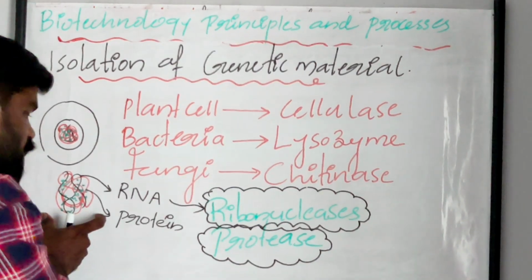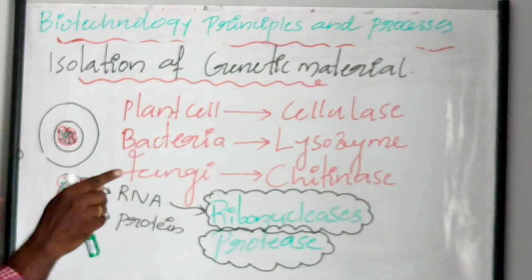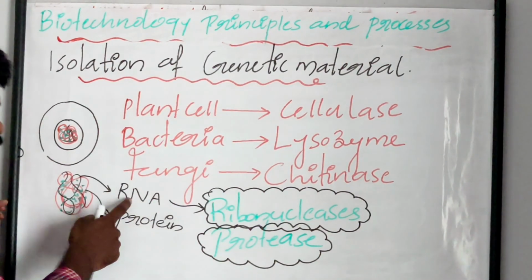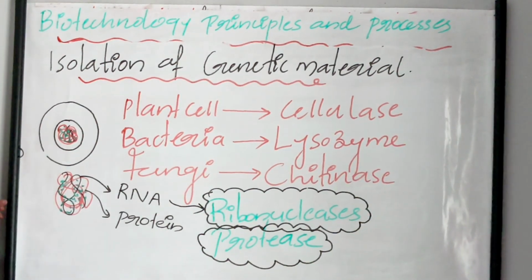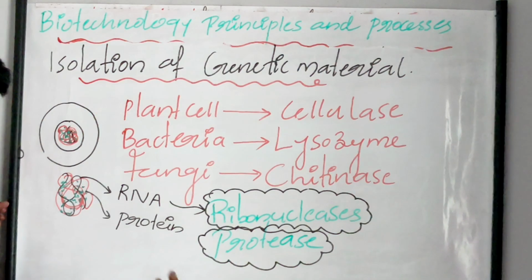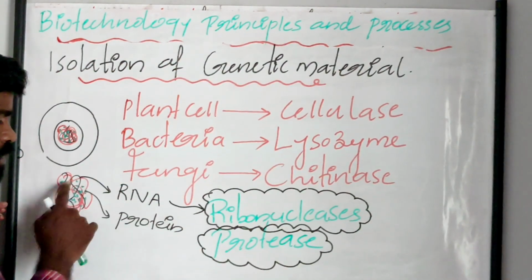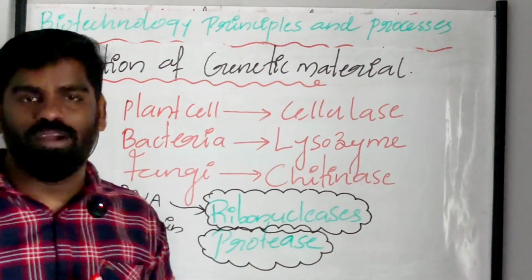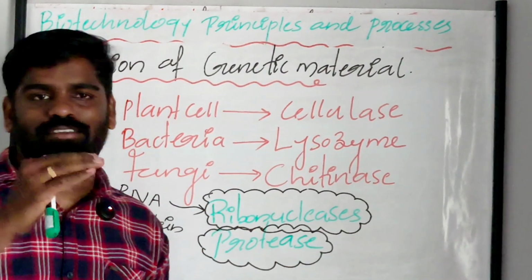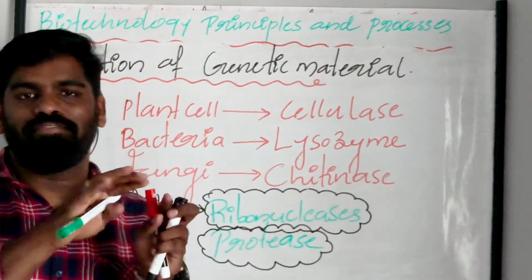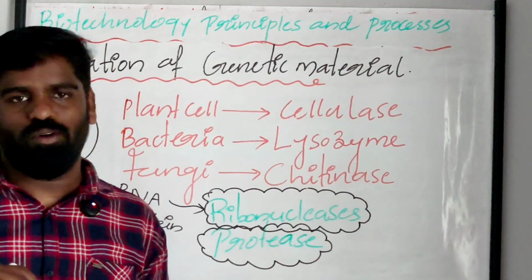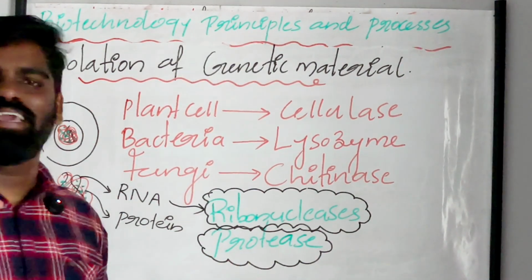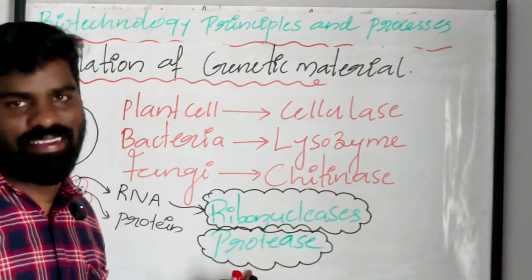The genetic material is intertwined with other components like RNA, protein and other macromolecules. For separating the DNA from RNA, we can use ribonucleases, which will cleave the RNA so we can separate the pure form of DNA. For separating the protein, we can use a protease enzyme.